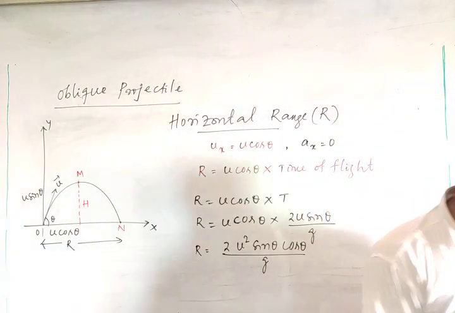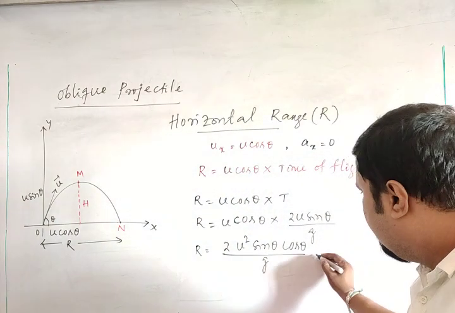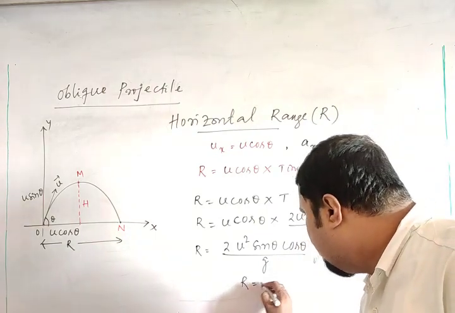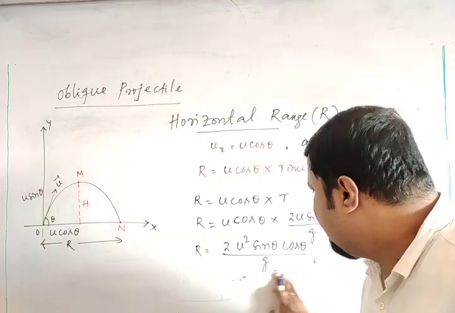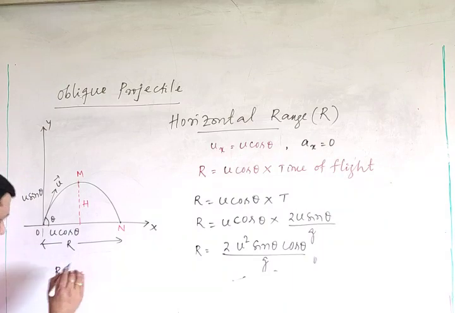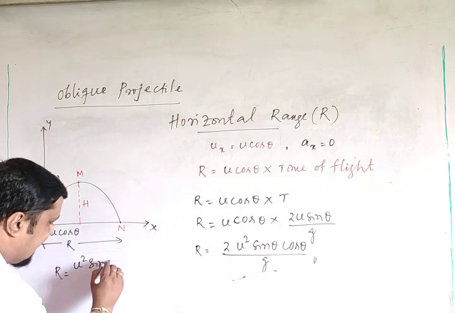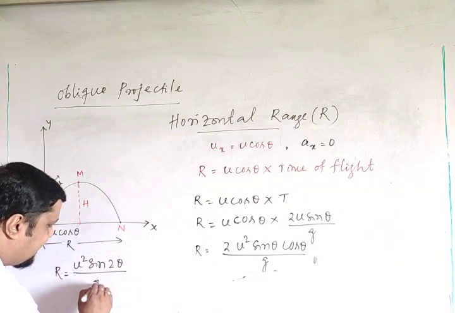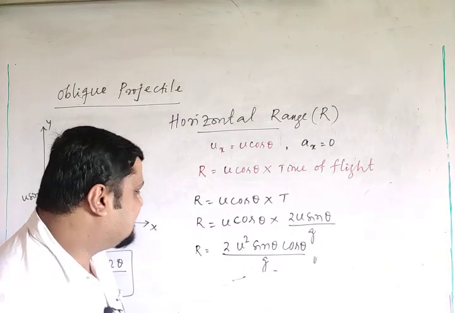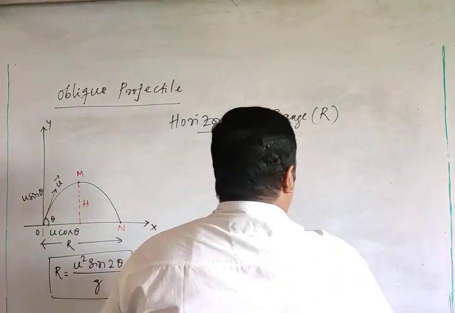R is equal to 2u square sin theta into cos theta by g, or you can write R is equal to u square 2 sin theta cos theta, which is sin 2 theta, divided by g. That is the expression for this horizontal range.